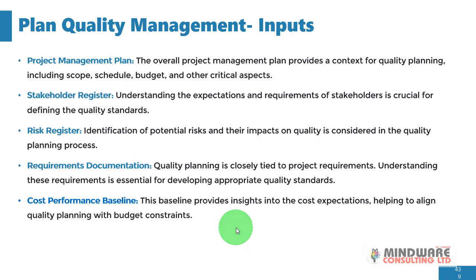You cannot ignore the project budget. You know that the budget is one of the constraints in the project. So when you're trying to set standards for quality, you have to also be aware of the cost implications of the standards that you're going to set.